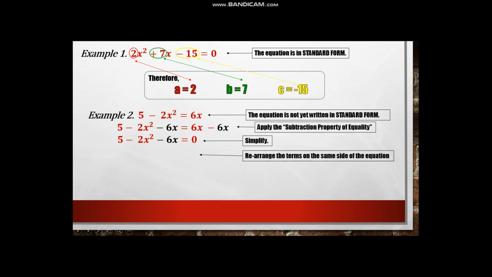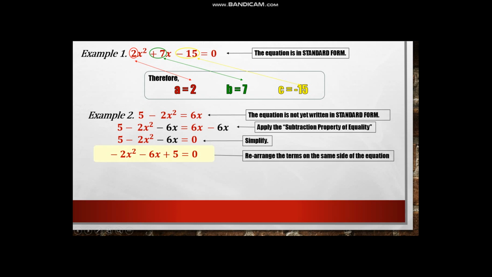Why? Because we are not placing these terms on the other side of the equation. We are not transposing, so the sign will be the same, giving us negative 2x squared minus 6x plus 5 equals 0.